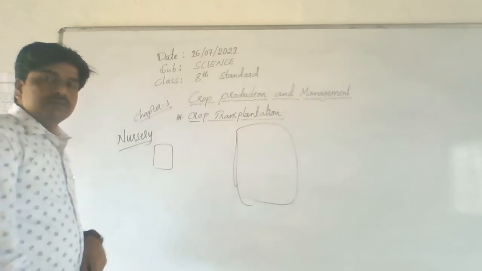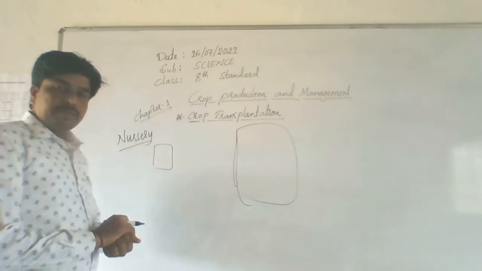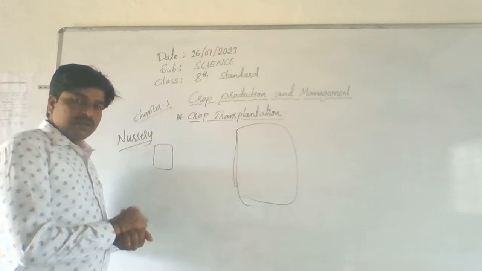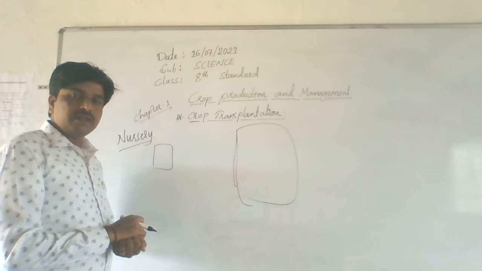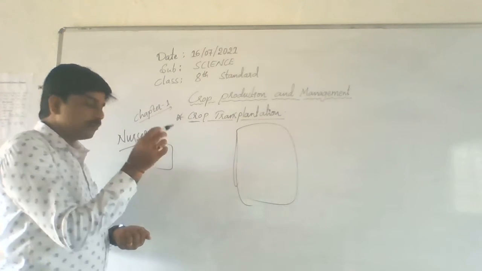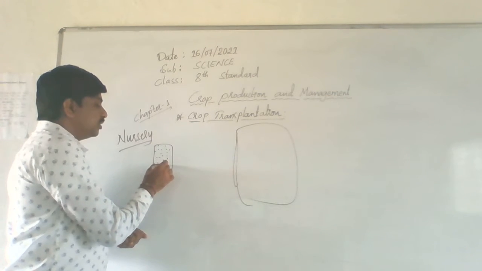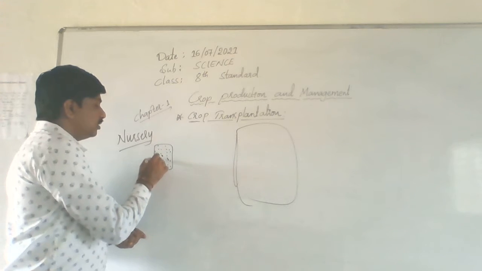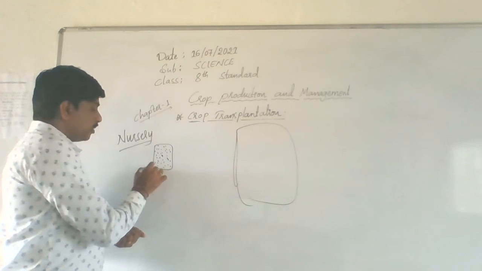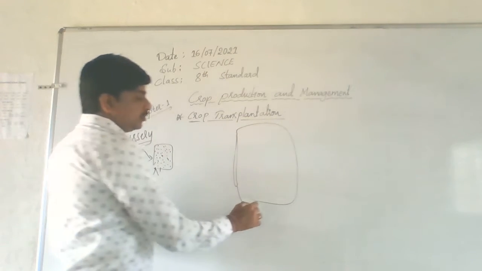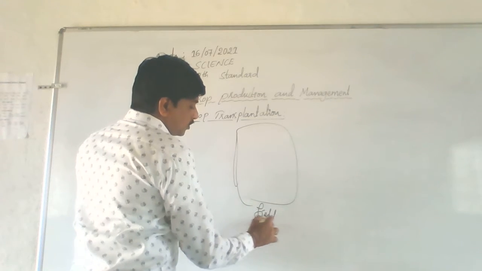Understand? If you want to grow rice or paddy in your field, or you can take an example of chili or tomato, you can grow these tomatoes in these small areas. This is what we call the nursery. This is your field.